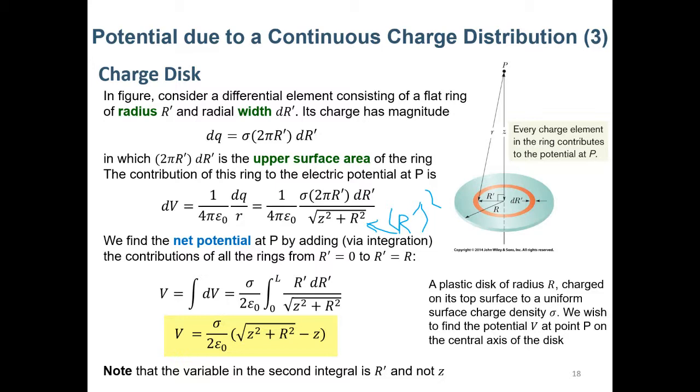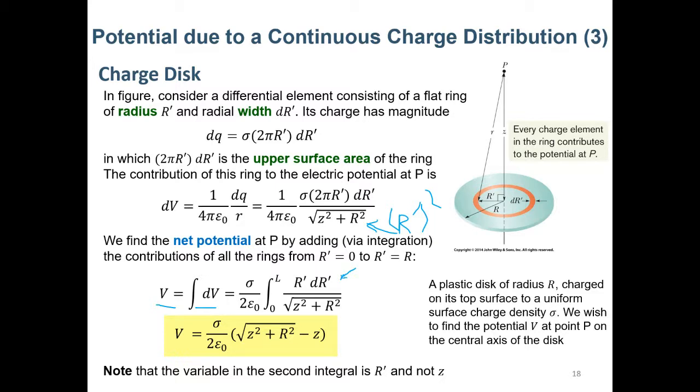And dq is the upper one, so nothing special. And we find the net potential at P by adding via integration. So the total V will be the integration of dV. So actually it looks like this.